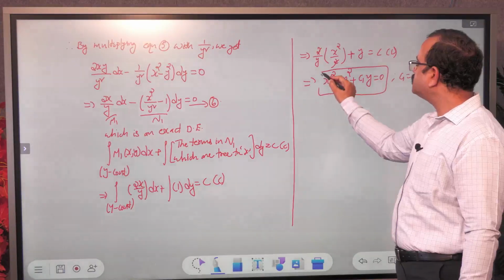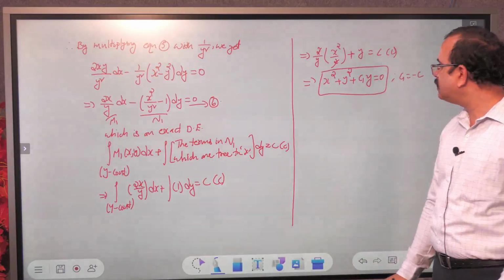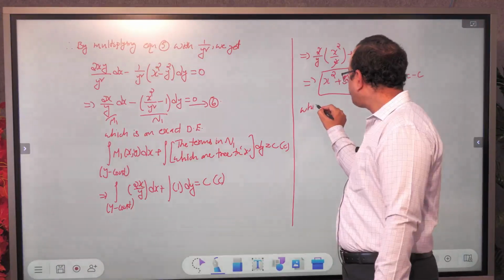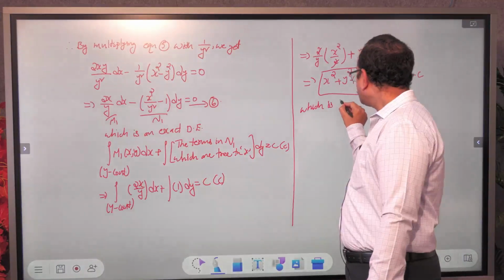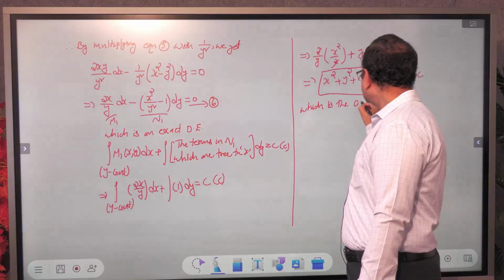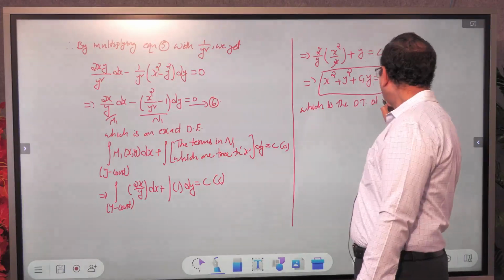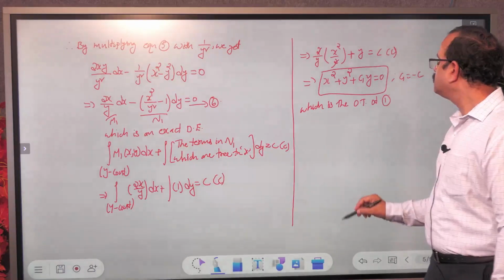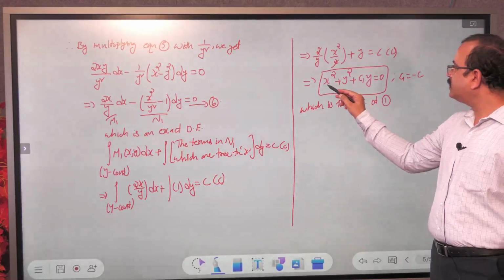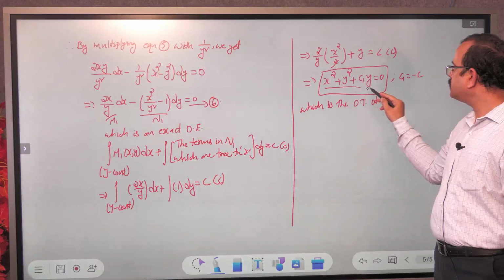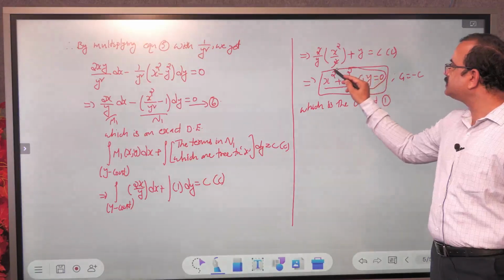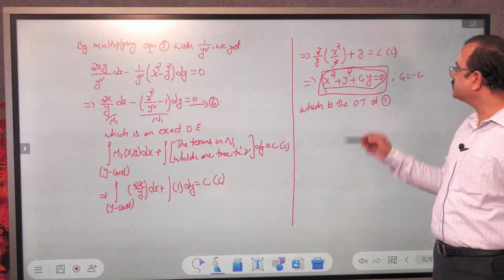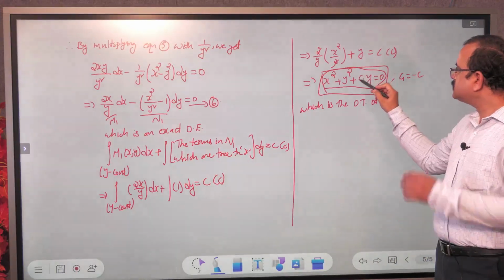So this is nothing but the solution of equation 5, or otherwise finally, the orthogonal trajectory of equation 1. Okay, so can anybody tell me what it is? It also represents a family of circles passing through the origin but having centers on the y axis, because here we have c1y.